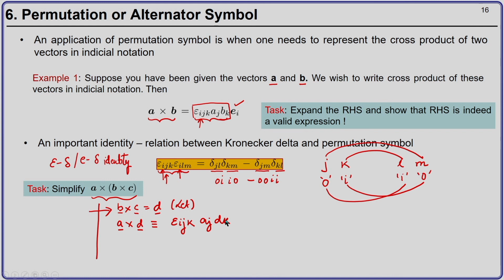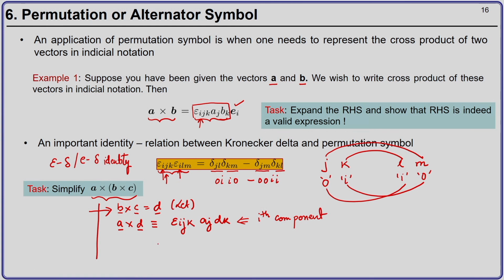And for this particular proof, we will not write the base vector e i, because whatever is true for one component of a vector will be true for all other components. So, we will just take one ith component. So, this is the ith component.